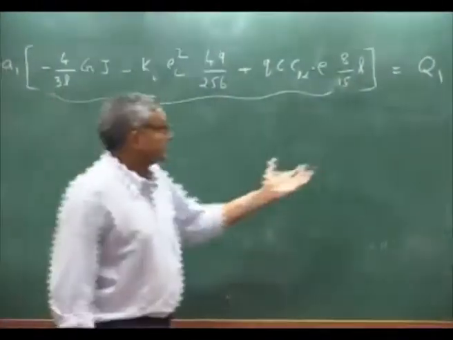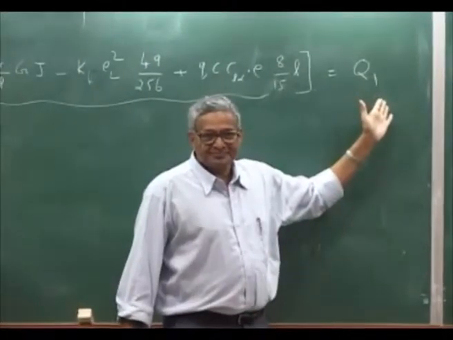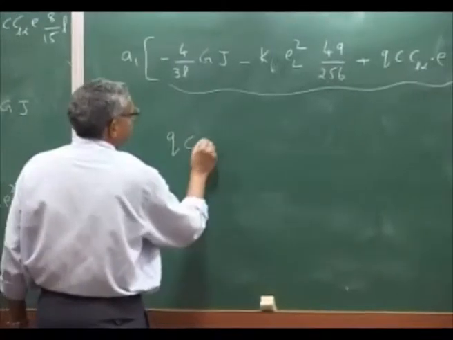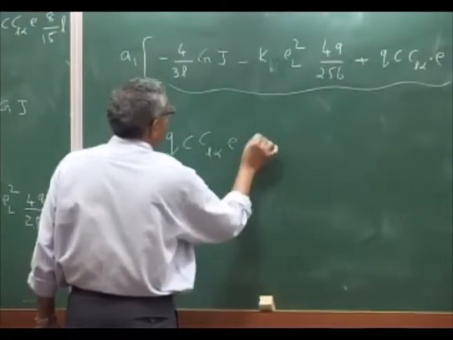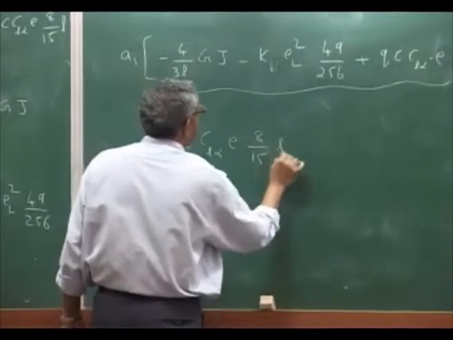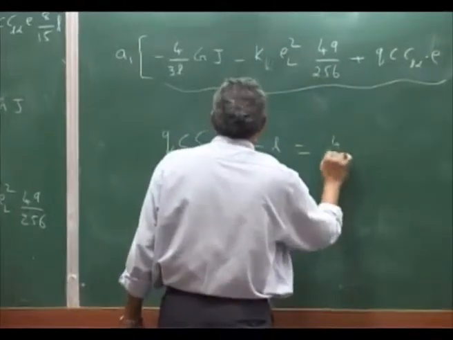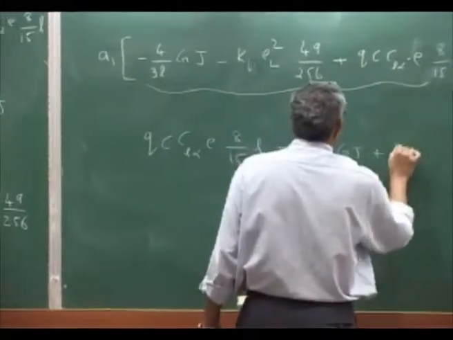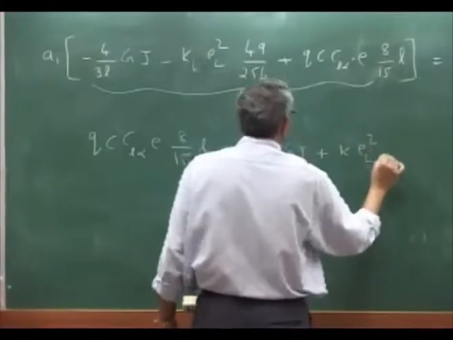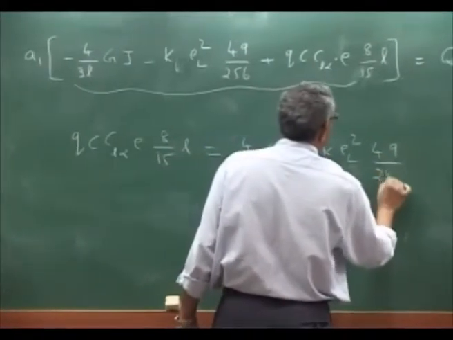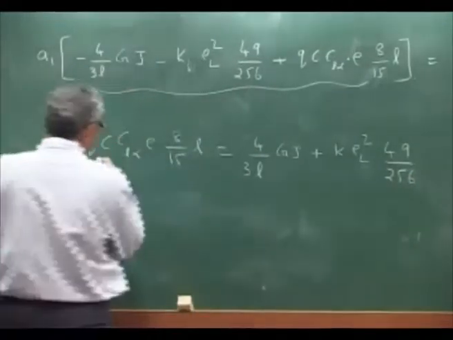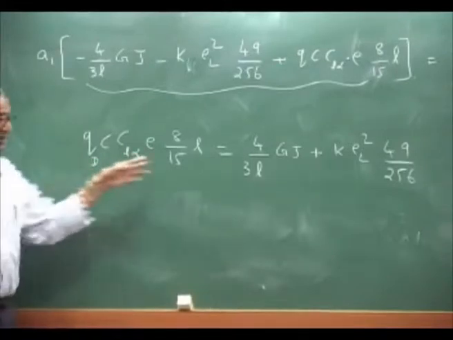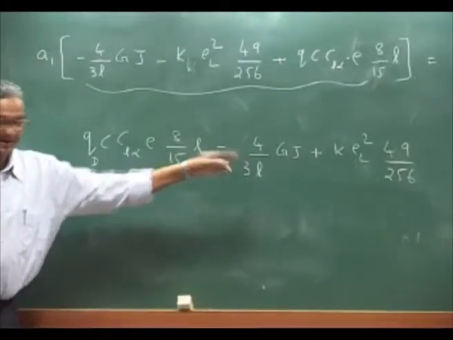So you really don't have to evaluate this also. You are only setting this term equal to 0, so you will have Q C Cl alpha E 8 by 15 over L equals 4 over 3L Gj plus K EL square 49 over 256. This Q I am going to call QD, because only at QD will this be satisfied, not at every other Q.